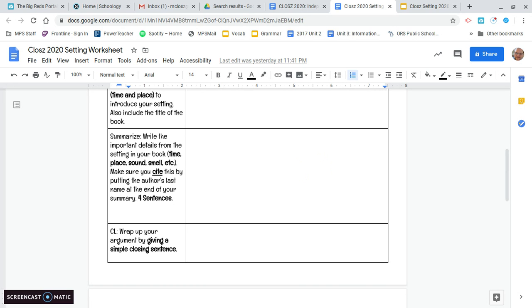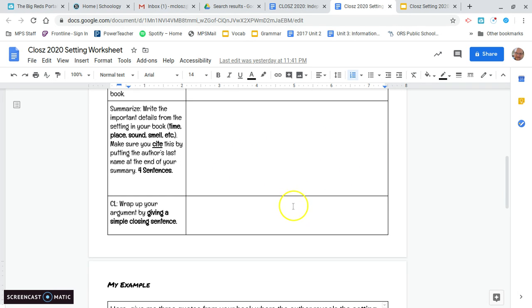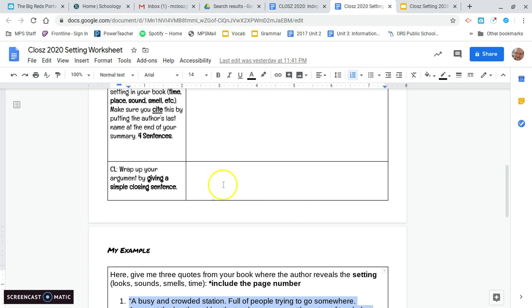But I'm asking for 4 sentences, really 3 or 4 is fine. And at the end, you're going to put your author's name in parentheses. That doesn't mean you're citing it like a quote, but you're citing it because you're summarizing some of his work, okay? All right, your closing here, you're going to wrap up your argument by giving a simple closing sentence.